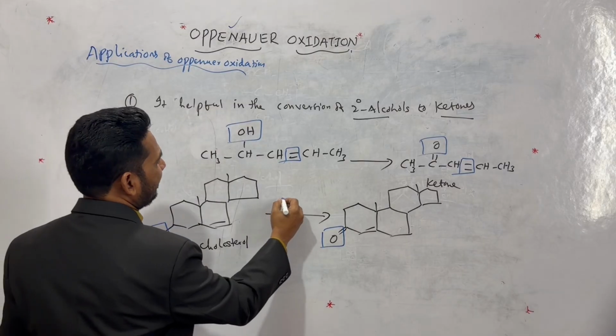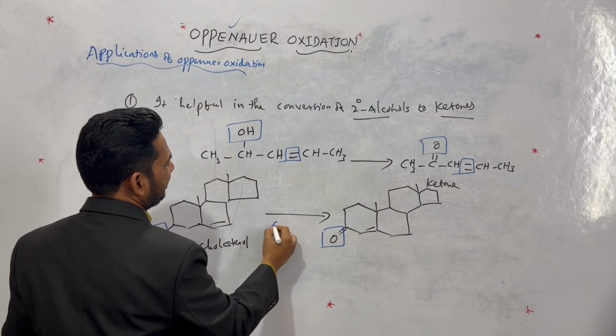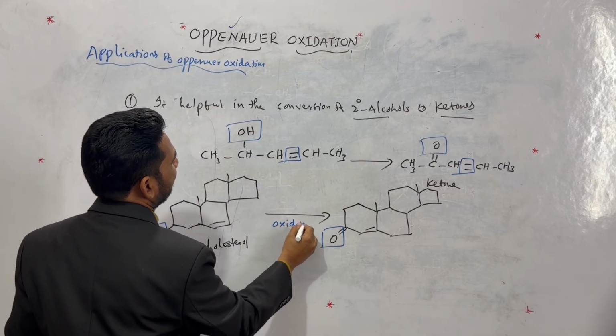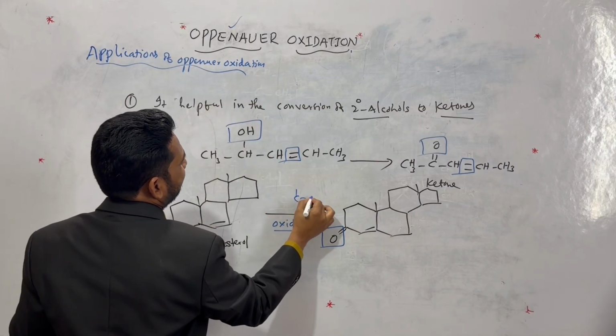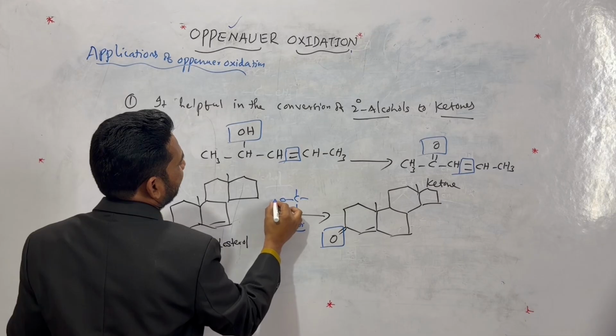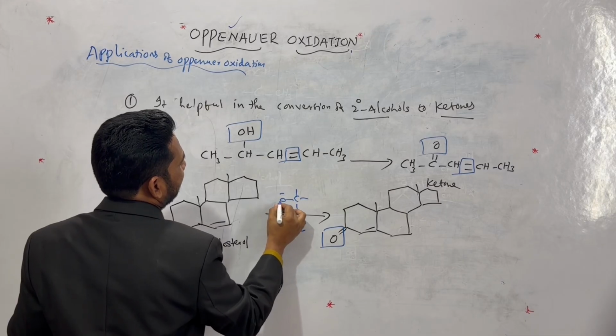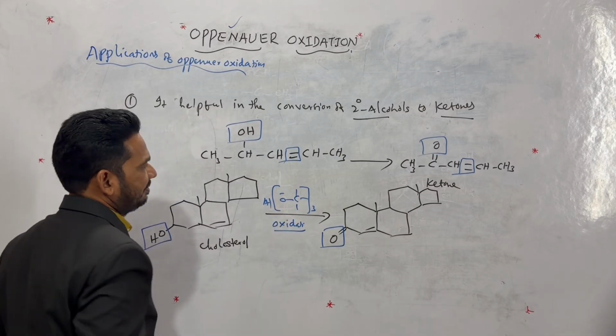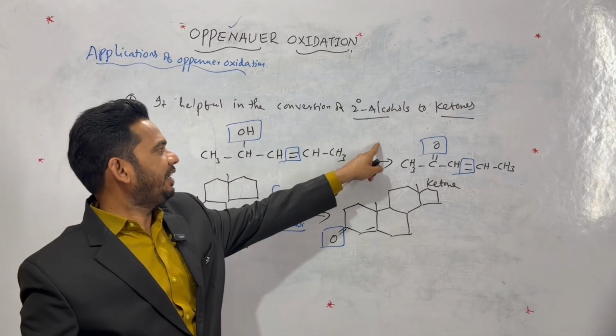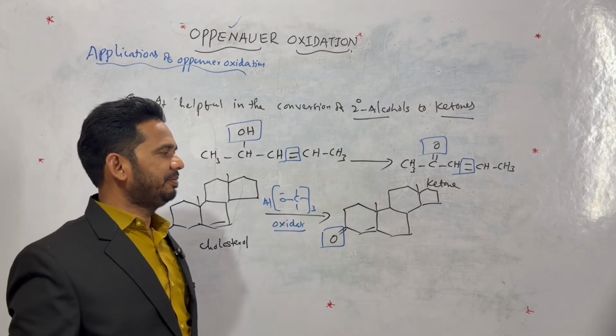With the help of what? Again, the same catalyst by the oxidation process. Which oxidation? Oppenauer oxidation using the same catalyst. What catalyst did we use? Tertiary butyl oxy aluminum. Okay, here also tertiary butyl oxy aluminum.